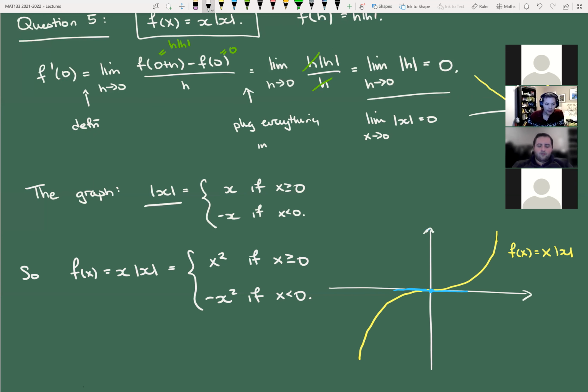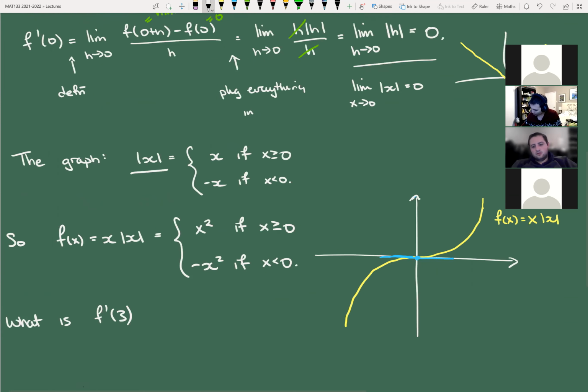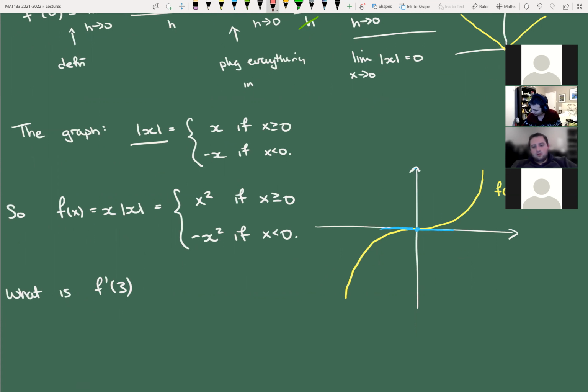Okay, now Saeem asked this excellent question, which is what would happen if we were asking this question at some other point, like if we weren't asking about this question at 0. So for example, what is f prime of 3? Well, when we're looking at 3, we don't care about what's happening when x is less than 0. When x is 3, we are only dealing with x squared where x is greater than 0.